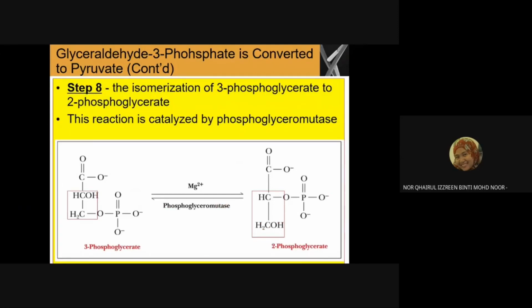Step number 8 is the isomerization of 3-phosphoglycerate to 2-phosphoglycerate, which is catalyzed by phosphoglyceromutase. Why do we want to isomerize from 3-phosphoglycerate to 2-phosphoglycerate? Because of the charged group at the carbon here.